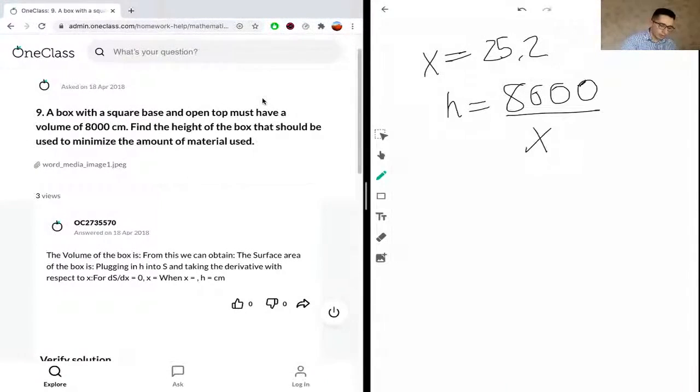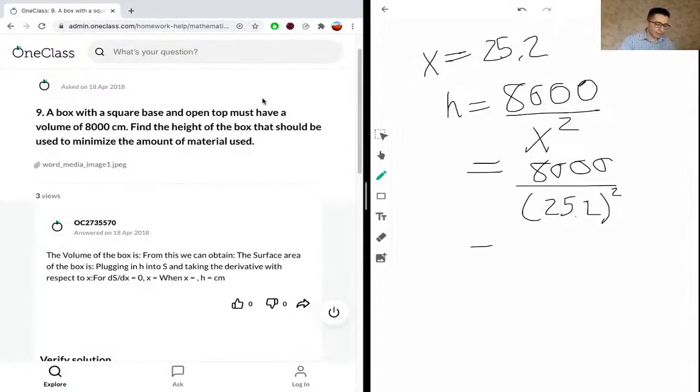over x squared. And when we substitute x, so 8,000 over 25.2 squared, we'll plug this into our calculator: 8,000 divided by 25.2 squared gives us approximately 12.6.